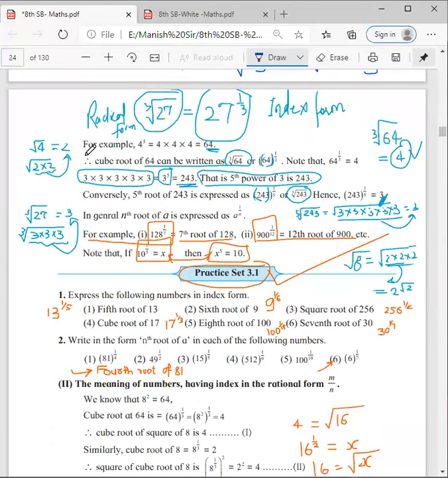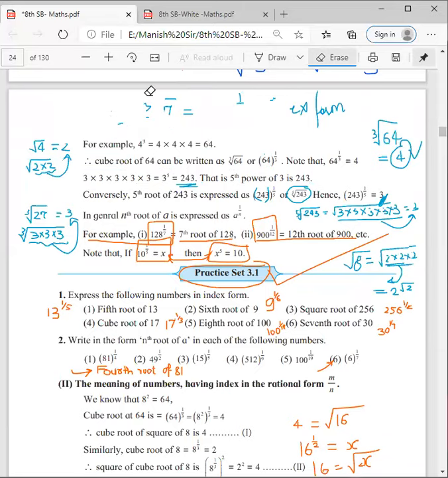If we go further, what have they given? The cube root of 64 can be written as, so this is how they have written the cube root of 64. In the second line, they have written the cube root of 64. In the form of radical, check how they have written it. Very simple, they have written 64 under the radical. If I write this only, this becomes the square root of 64. But if I mention 3 at this place, that becomes the cube root of 64.